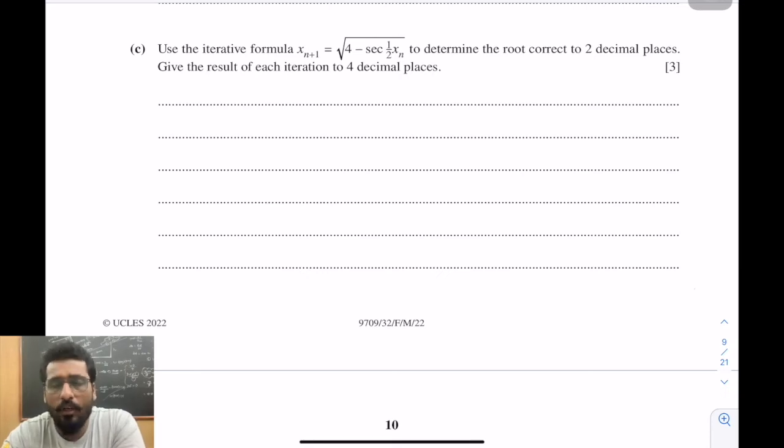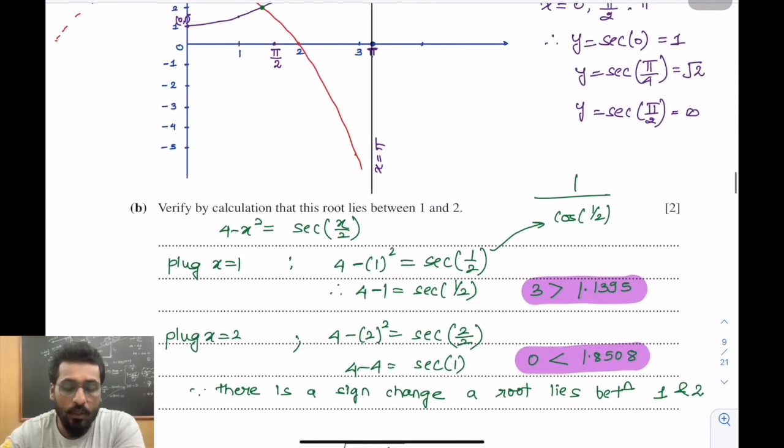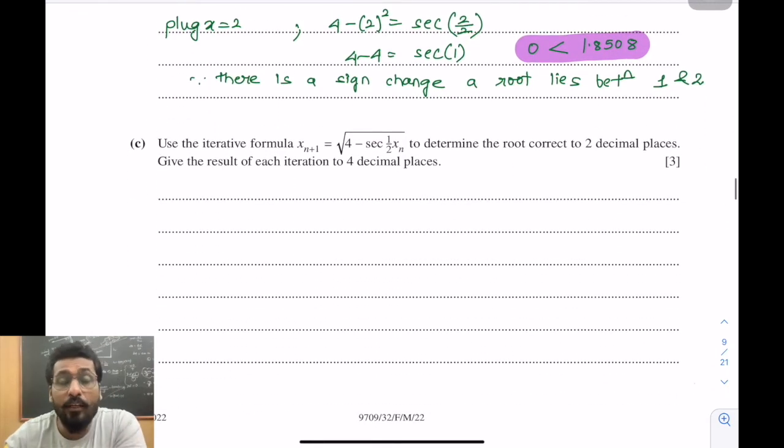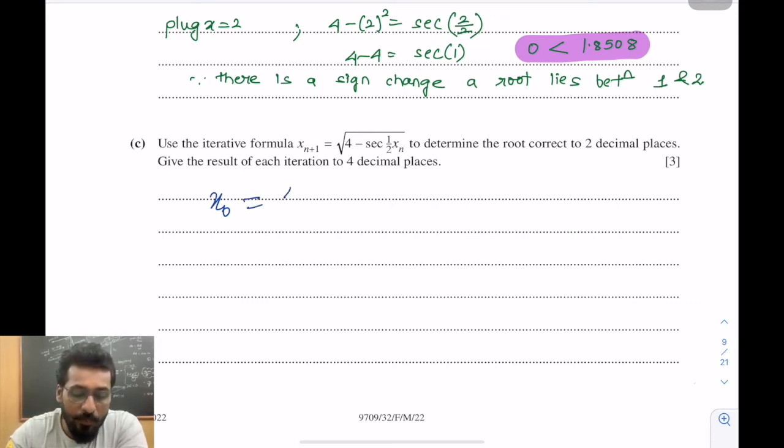Now, do you remember that for this particular question the root lies between 1 and 2? It has already been verified by calculation in the first part of the question. So the very first value, the initial value, we call it x naught. This value x naught can begin from 1 and advance towards the root.